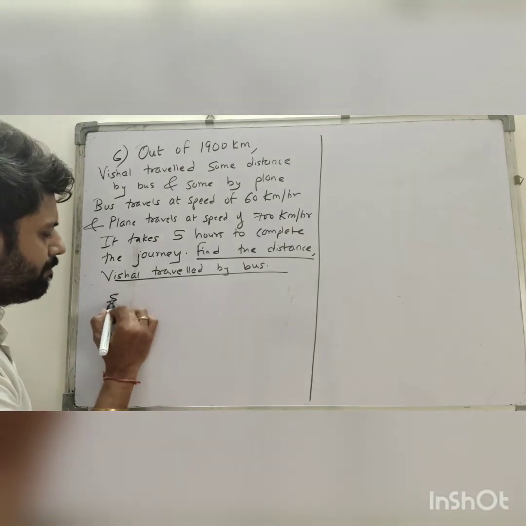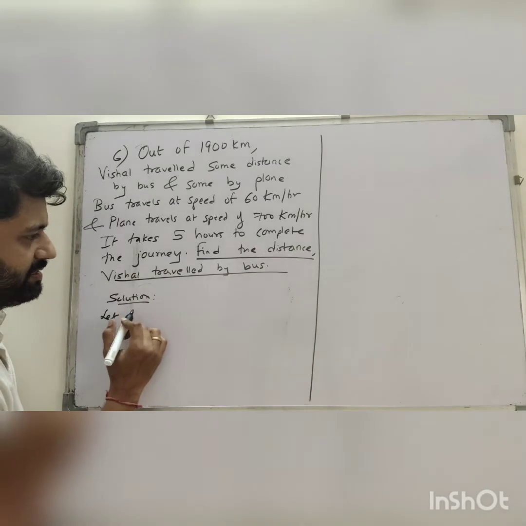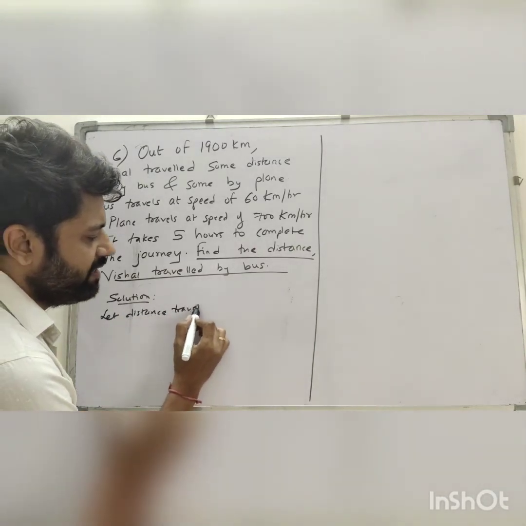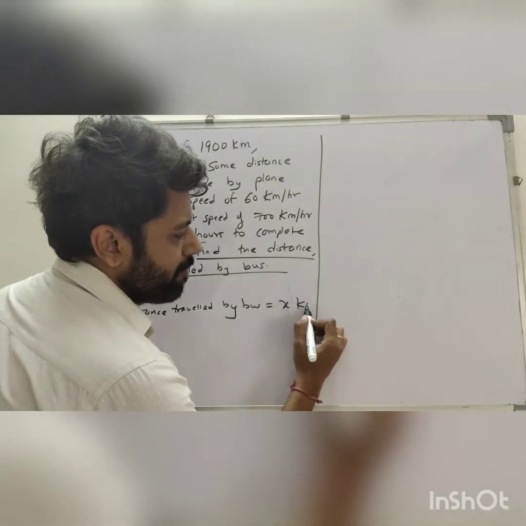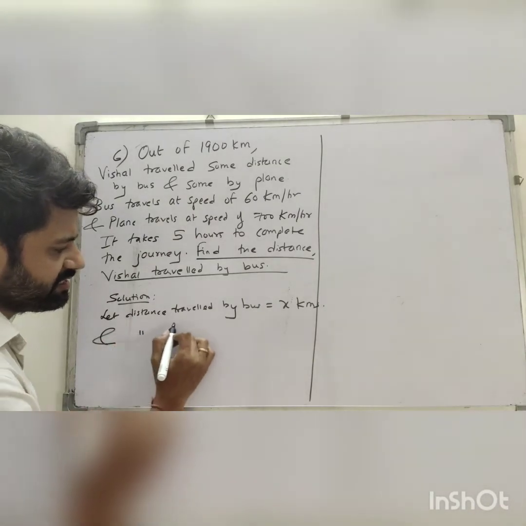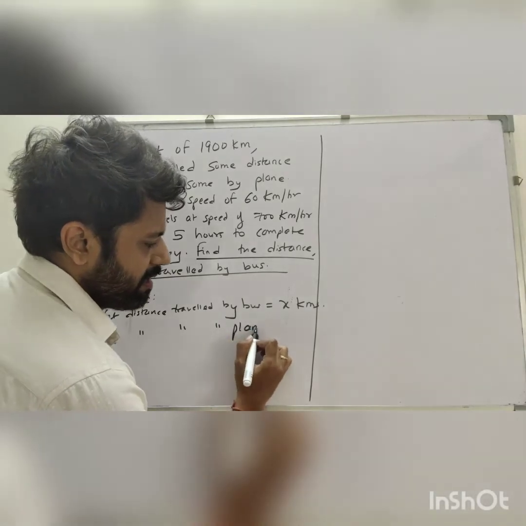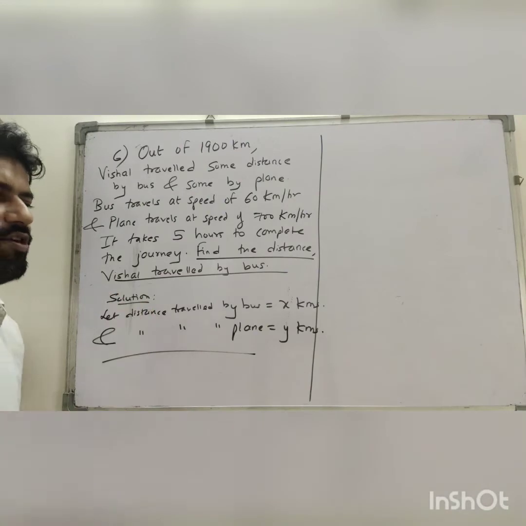Without thinking much, we can assume, let the distance travelled by bus be x kilometers and the distance travelled by aeroplane, or you can say plane, be y kilometers. That's it. This is our first assumption.